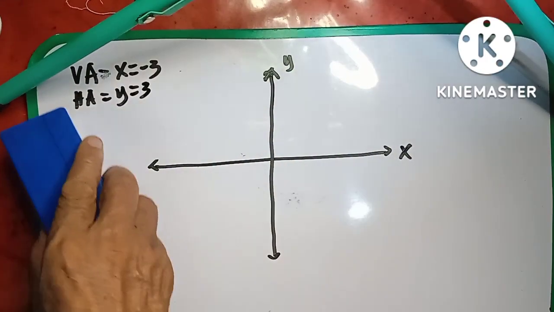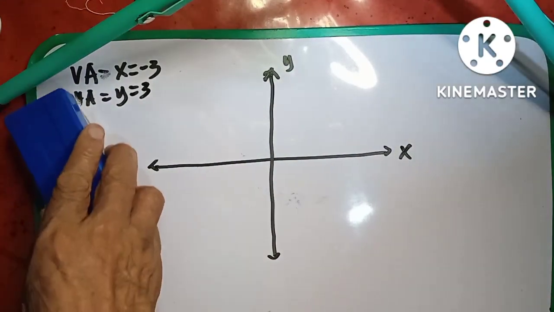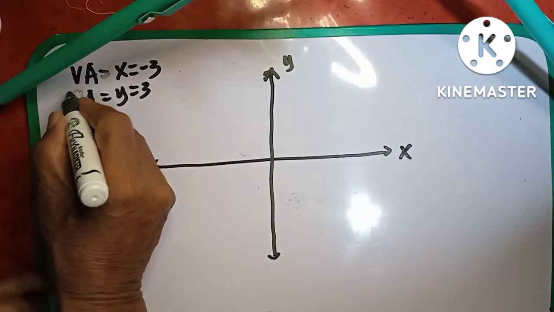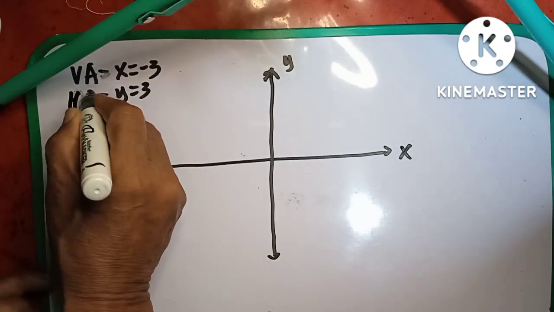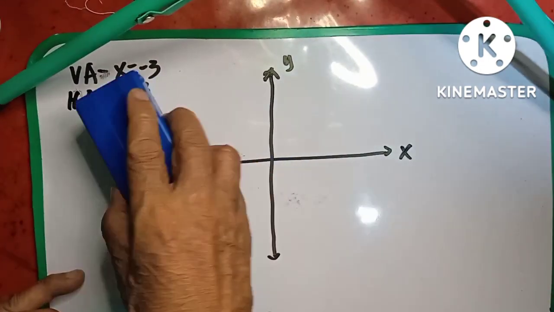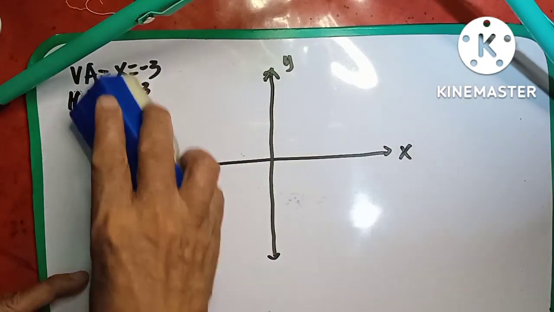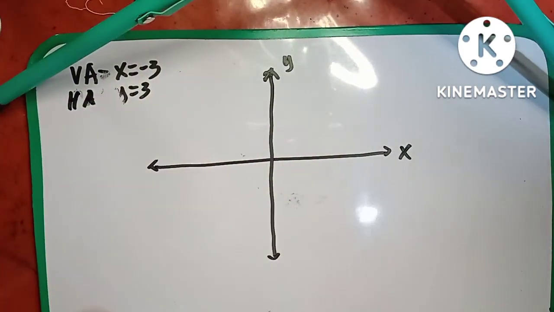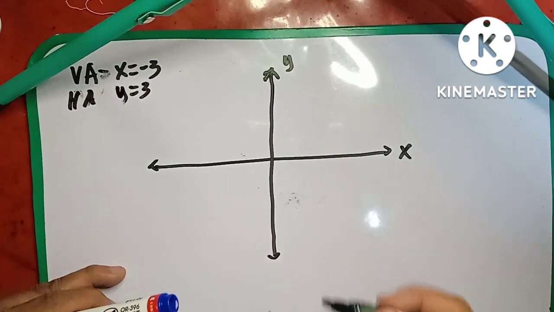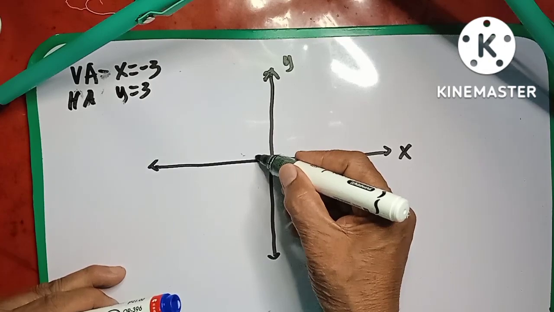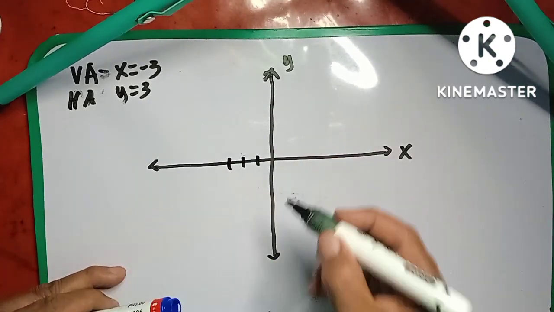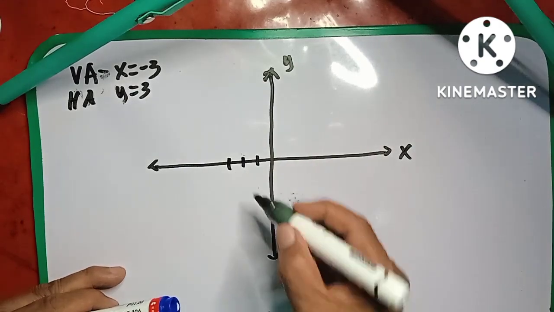So we'll plot that. From here, 1, 2, 3, going to the left, that is negative 1, negative 2, negative 3.